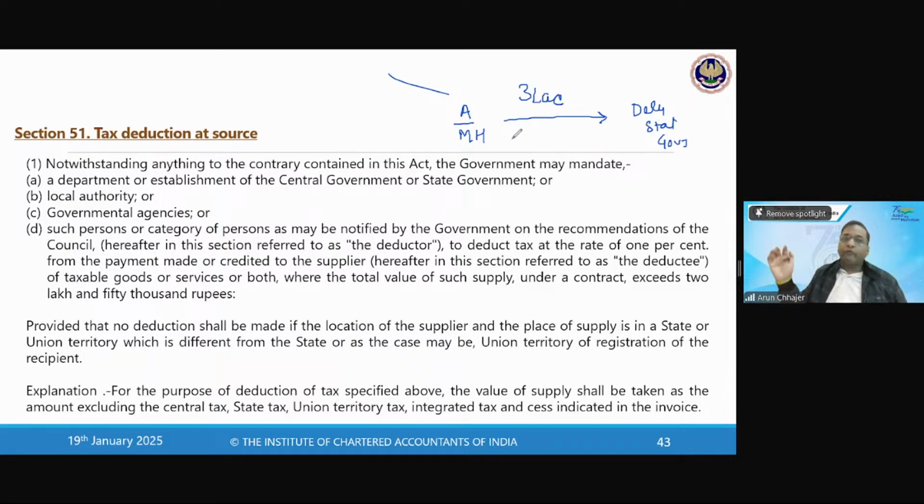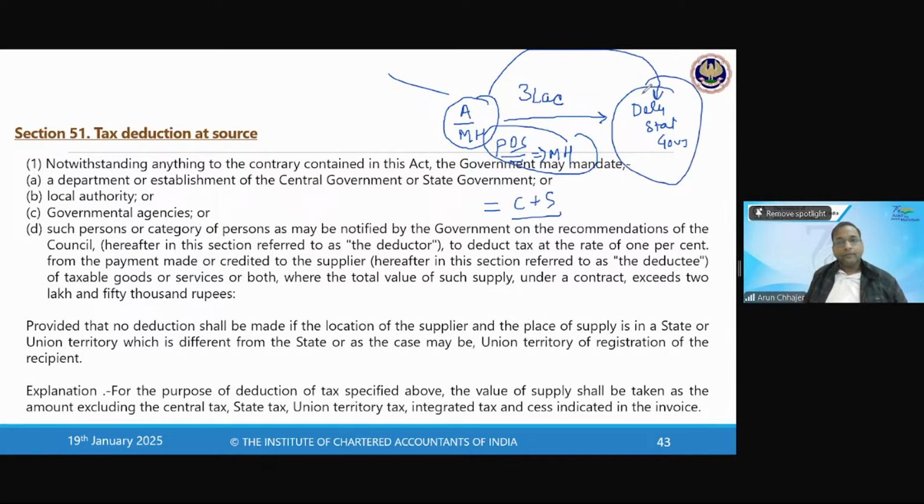Because of any provision of the place of supply, let's say place of supply comes to Maharashtra, कोई भी provision के कारण, A is from Maharashtra, place of supply is Maharashtra, therefore CGST and SGST would be charged, but the bill is raised to Delhi. Then in that case, because Delhi belongs to another state, he cannot deduct CGST and SGST of Maharashtra.